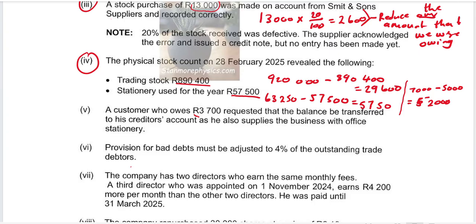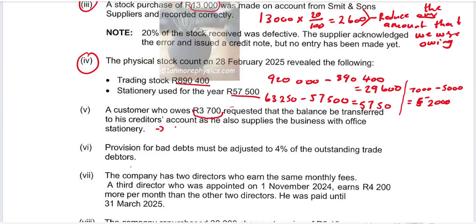The customer was owing us 3,700, and since he is supplying us with stationery, he says he will not manage to pay it because we are also owing him, because he is our supplier. So this amount, he will transfer to the creditor's account.